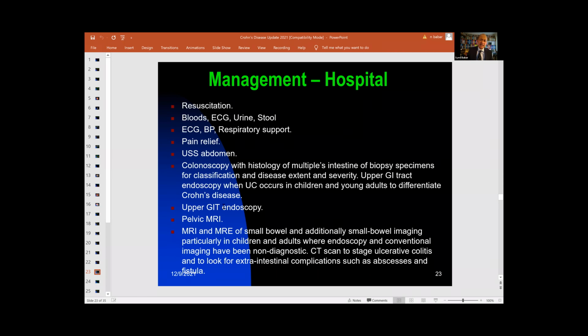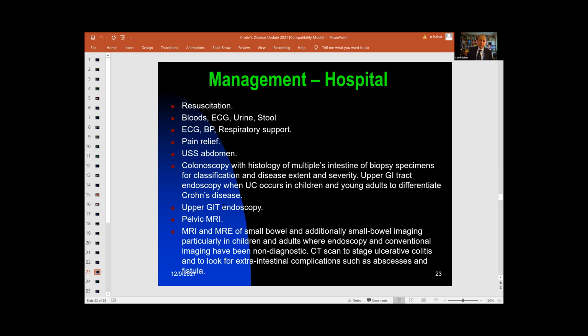So resuscitating measures would need to be applied. And the usual tests include blood tests, ECG, urine, stool, and of course, there would be assessment of cardiorespiratory condition.